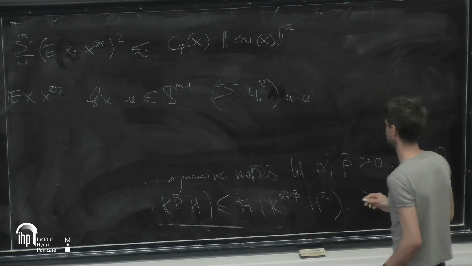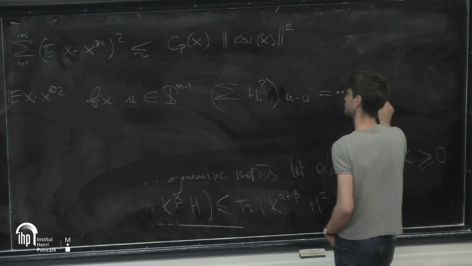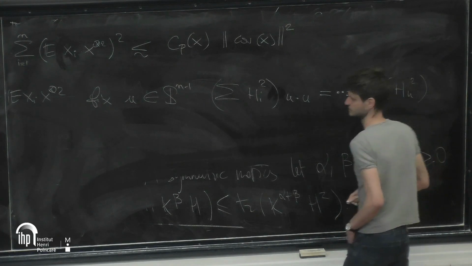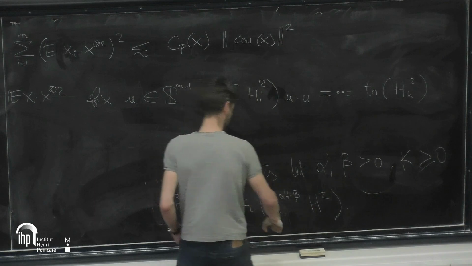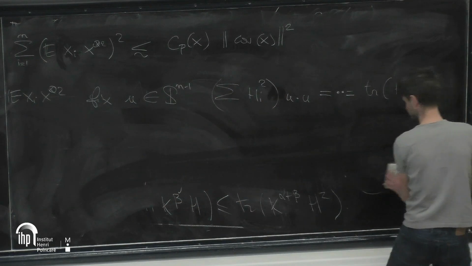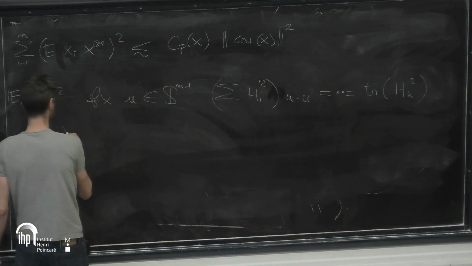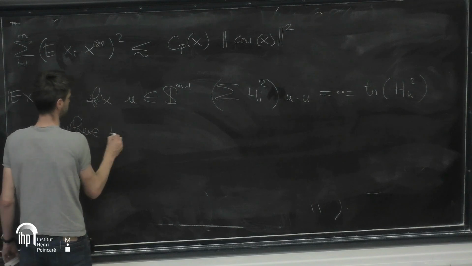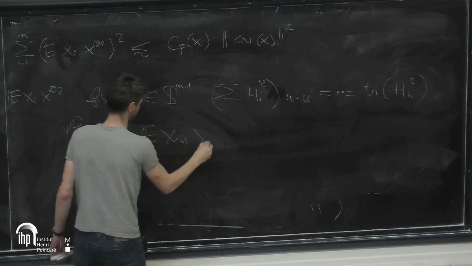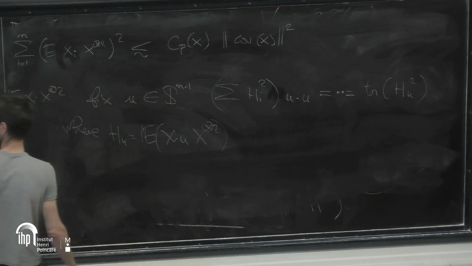And after some computation, which I'll skip, you see that this is the same as trace h_u squared. But this is just some algebraic manipulation where h_u is the same notation as here.